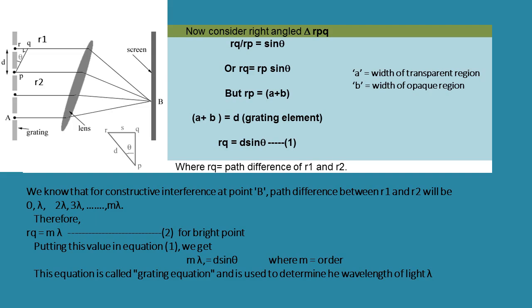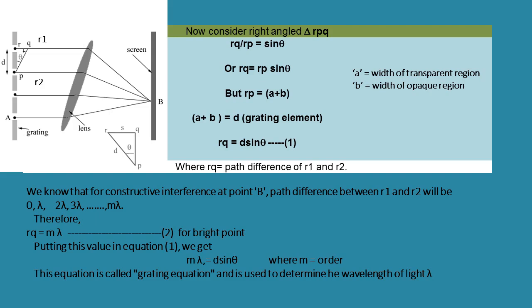Now consider a right angle triangle RPQ. As you see, R1 is covering more distance than R2, so we can easily find this path difference RQ through this right angle triangle.